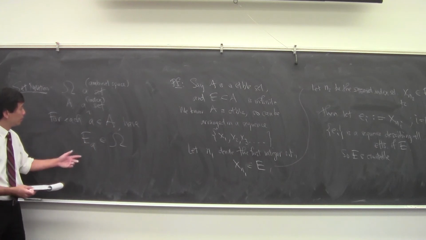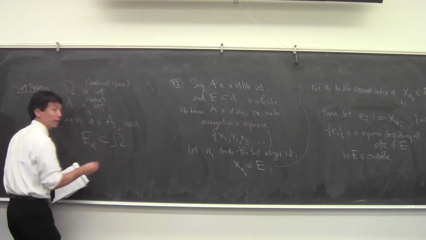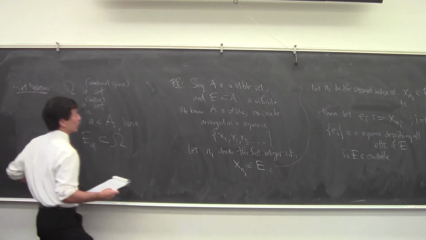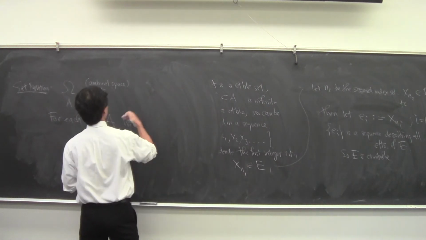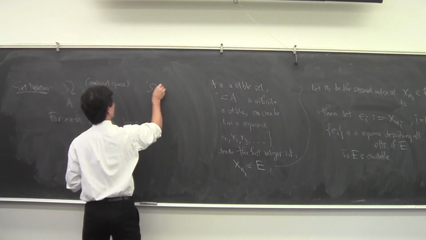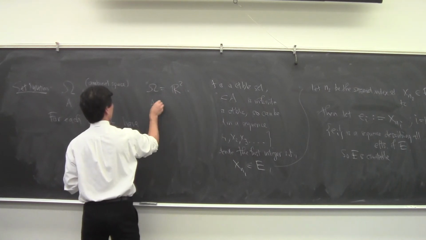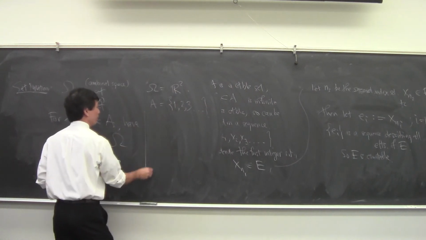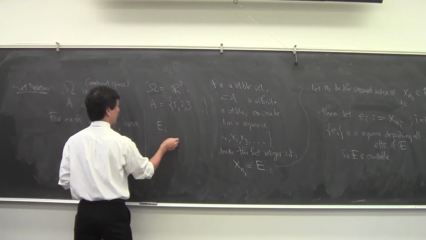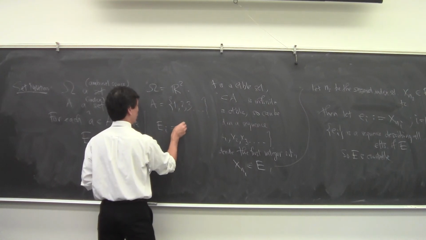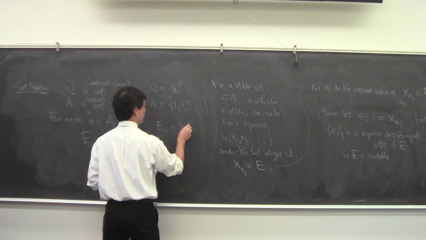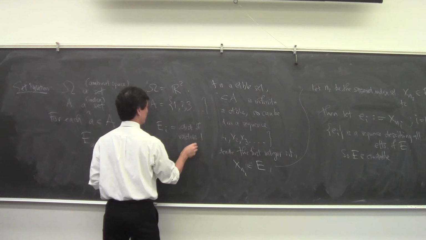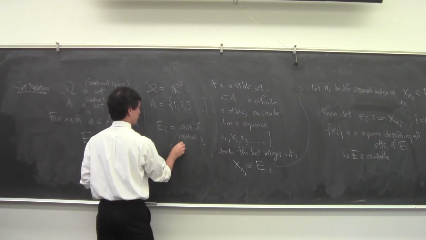Your E sub alphas live inside of omega. To make it concrete, you could say omega is R2 and A is the natural numbers 1, 2, 3, and so on. Then for each E sub i, you have the disk of radius i centered at the origin.